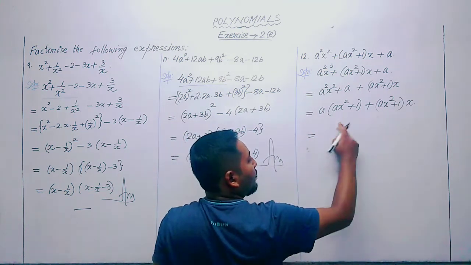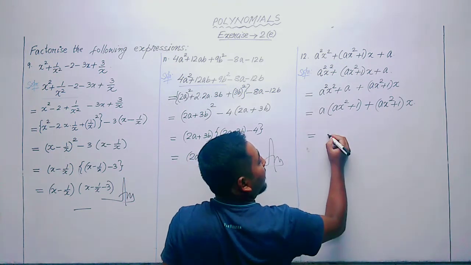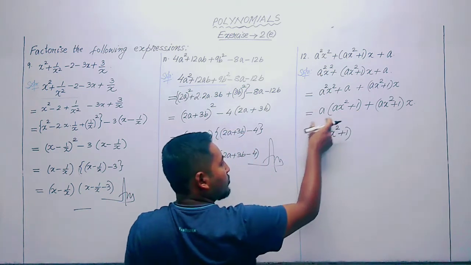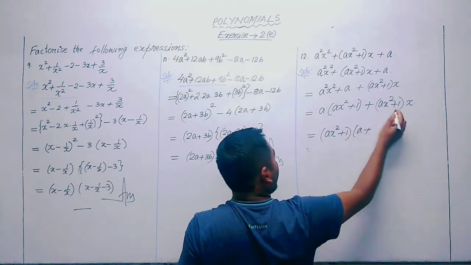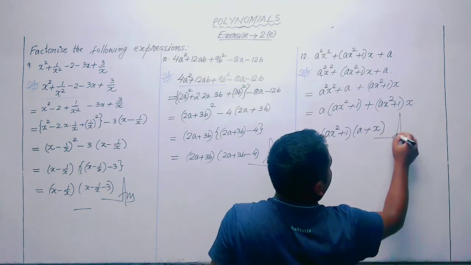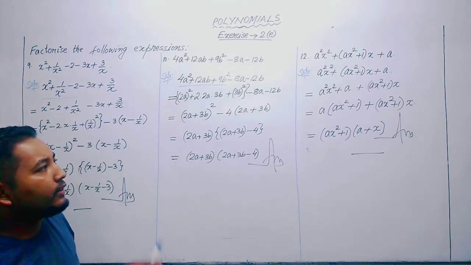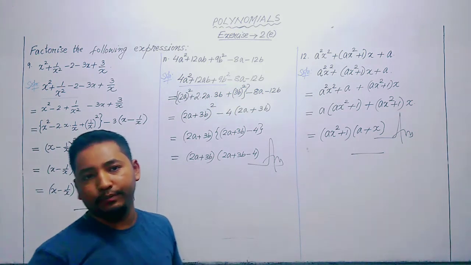Now from these two terms, if you observe carefully, common, take it out. This is outside. What is remaining? This is outside. What is remaining? That is the required answer. So, this is how we factorize an algebraic expression.